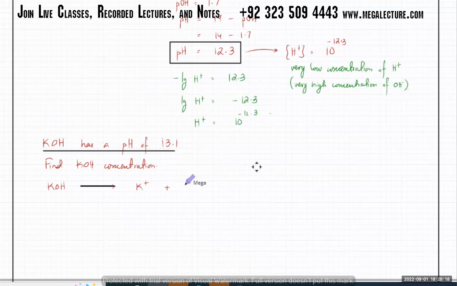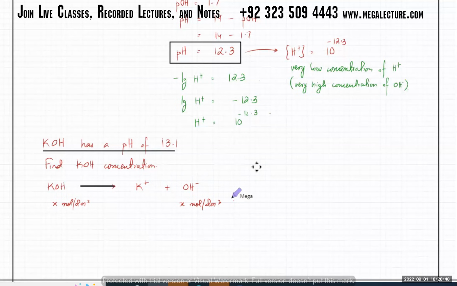Okay, these two ions will be produced. Let's say it's X mole per dm cube. Then the concentration of OH ions will also be X mole per dm cube.